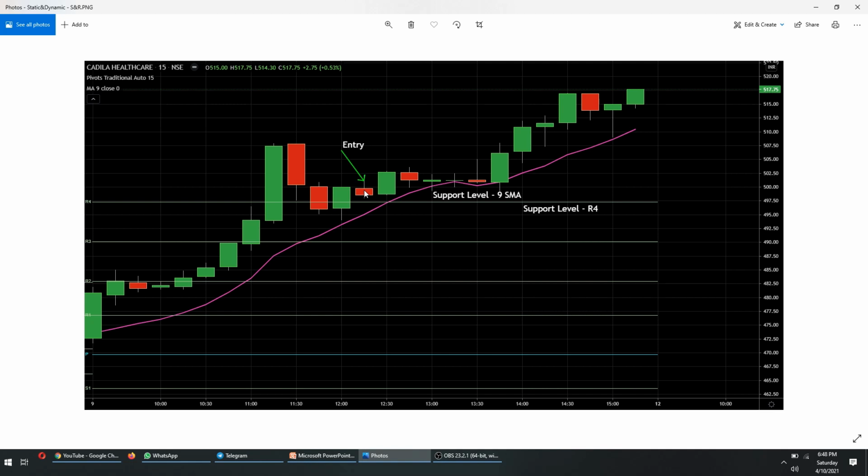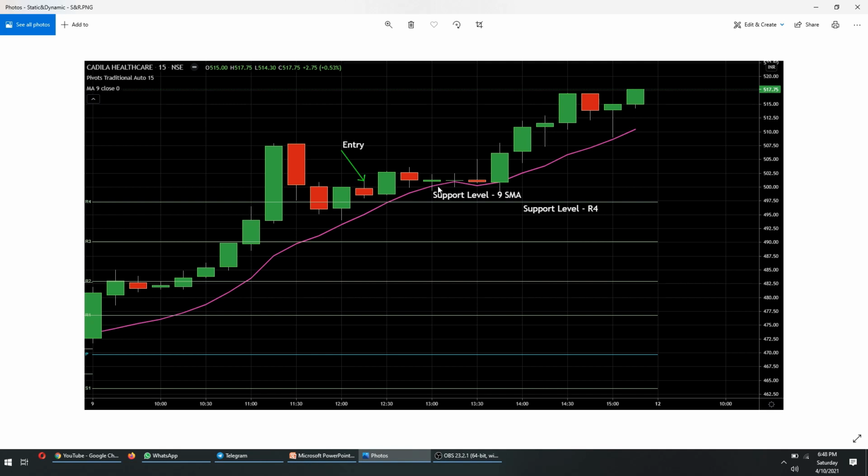Okay, so once you made the entry, the next thing that you do is you wait. The next green candle was fine, and then this area, particularly, was the area where the consolidation happens. Now bringing your focus to the dynamic support here. Which is the dynamic support here?